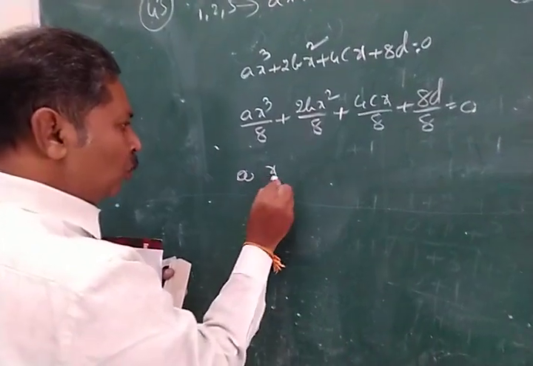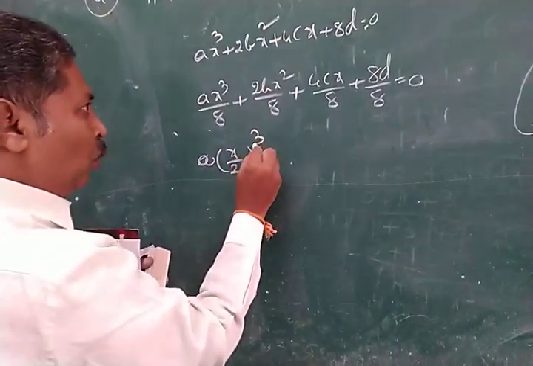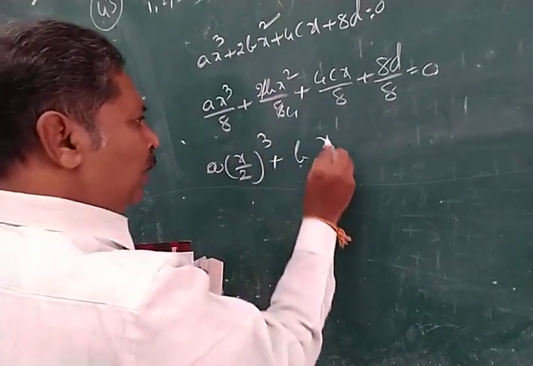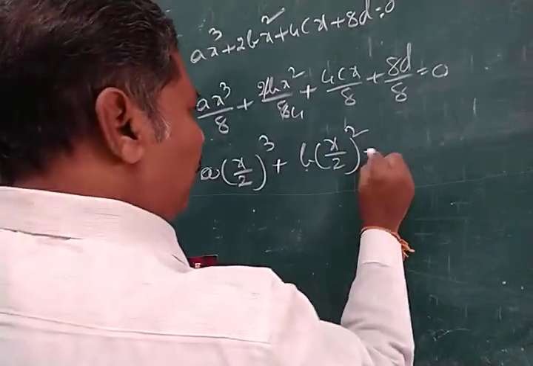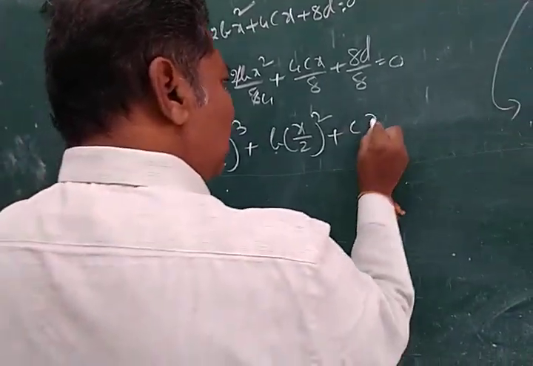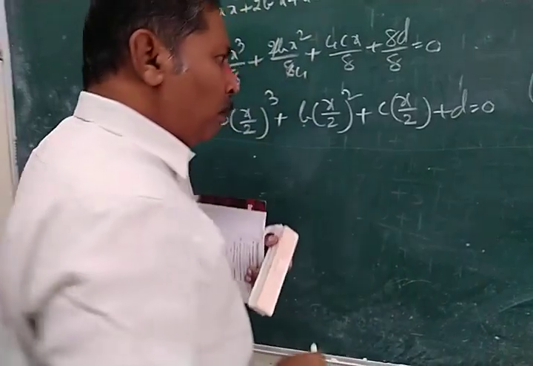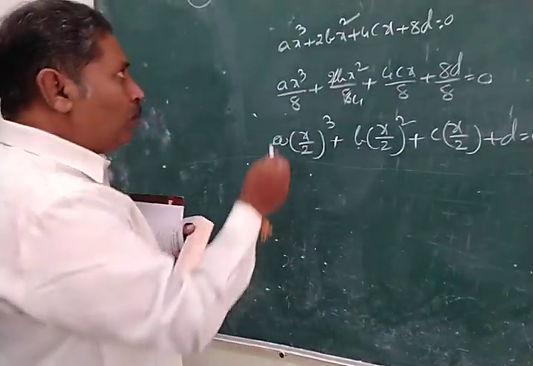A into x by 2 whole cube, 4 times, B into x by 2 whole square, c into x by 2 plus d equal to 0.